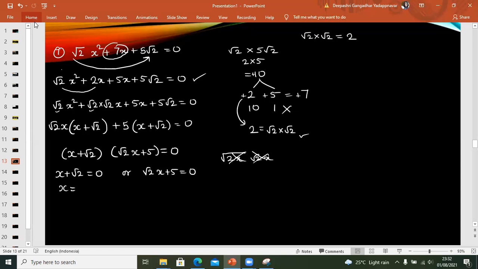Here x equal root 2 will become negative root 2. It will go on the other side. Root 2 x equal negative 5. x will be negative 5 divided by root 2. So the answer for this question is x equal negative root 2 and x equal negative 5 by root 2.